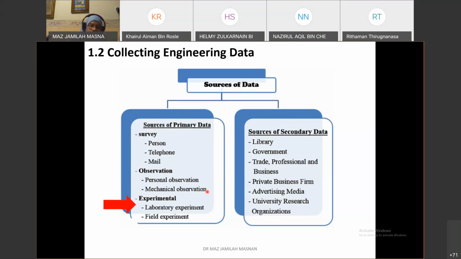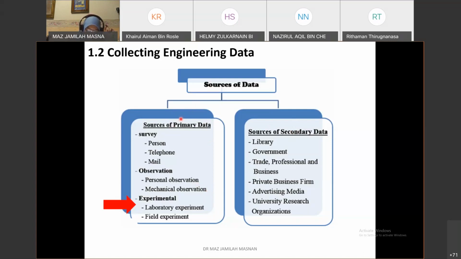And maybe you will have to use available data. How do we classify these two data that we have? We can say there are two types of data source. First is primary data. Second is secondary data.